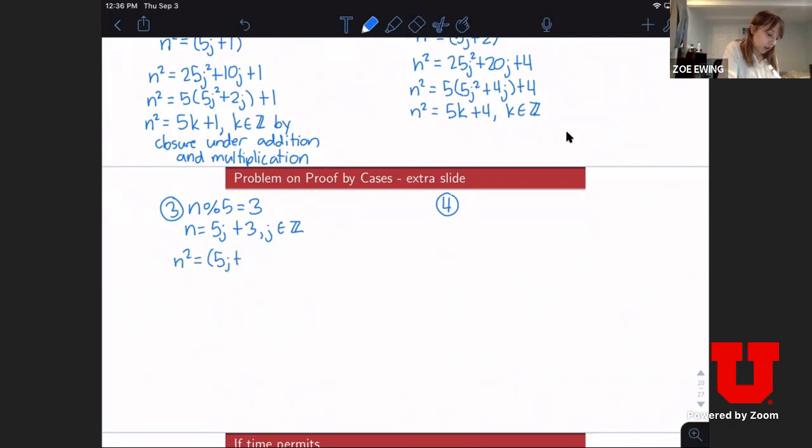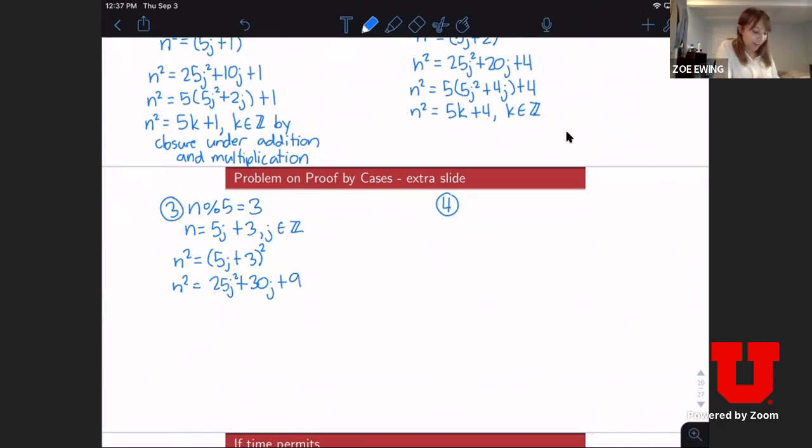Which gives us 25j squared plus, I believe it's going to be 30j plus, no, that's not. I think, yeah, 30j plus 9.